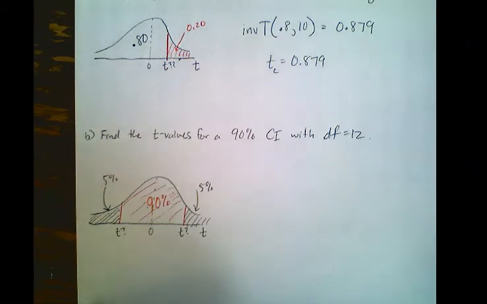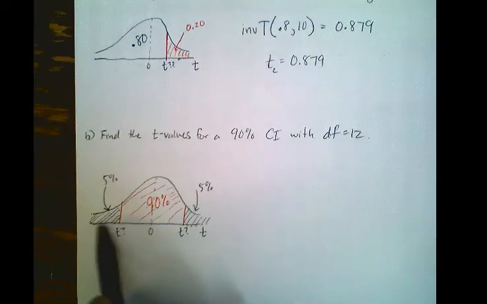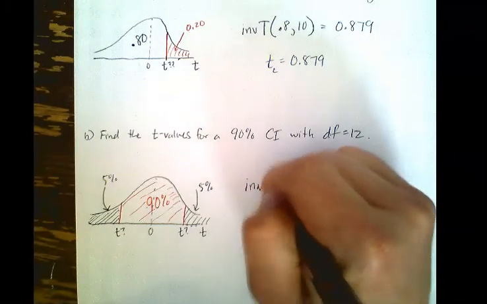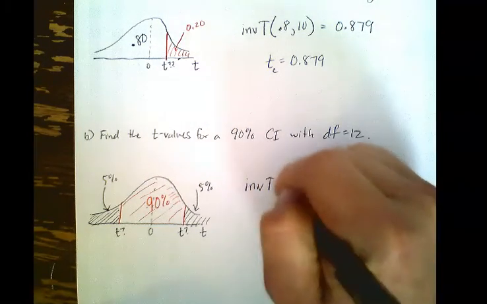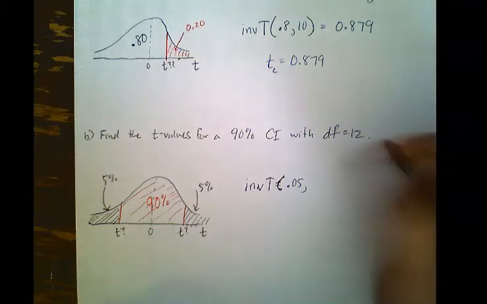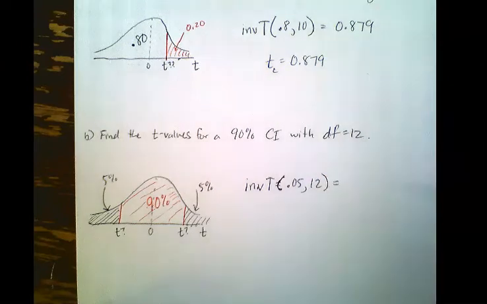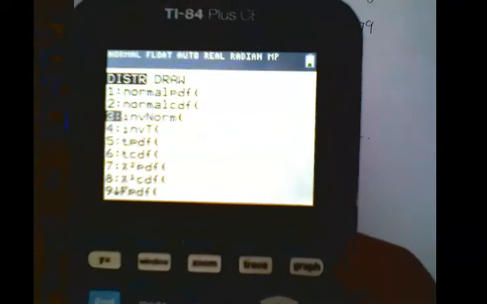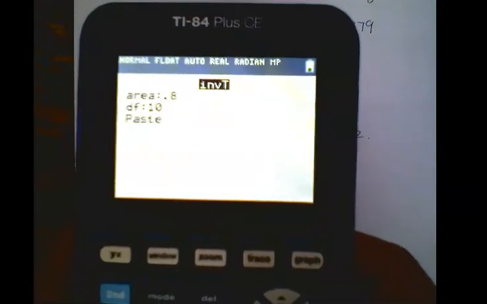So what we can do is use inverse t to find this t value, right? Because we need an area to the left. So inverse t of 0.05, comma, 12 degrees of freedom. So let's do that. Second distribution, inverse t.